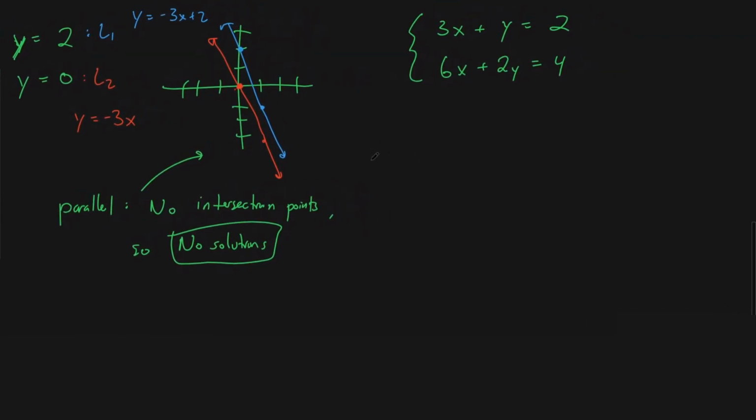So in this case, if we graph each of these, well, if we convert this into slope-intercept form, we know this one is y is negative 3x plus 2. If we do the same with our L2 here, well, we could start by solving for 2y by subtracting 6x. And then when we divide by 2, we'll see we actually get the exact same equation.